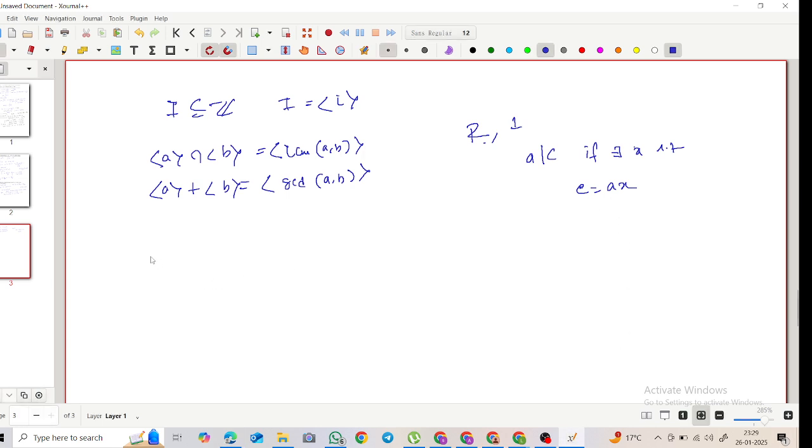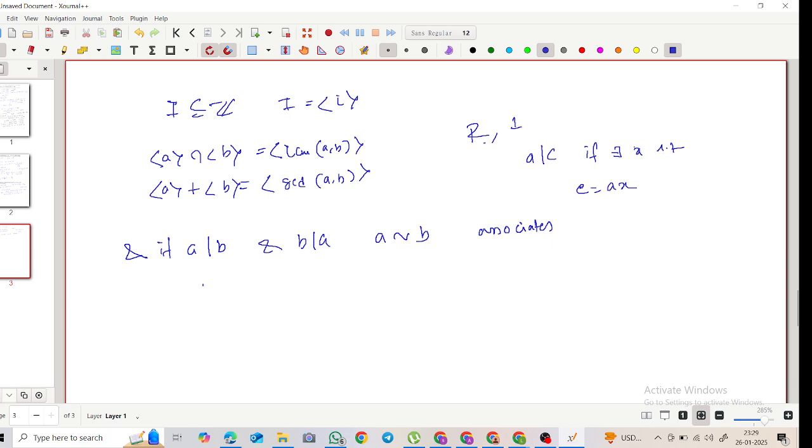Okay, and this may happen, right? A divides B and B divides A, then we say A and B are associates. If A divides B and B divides A, then these are associates.